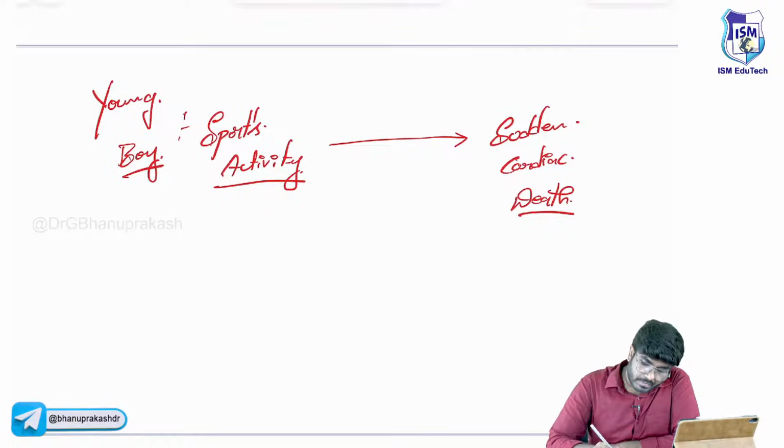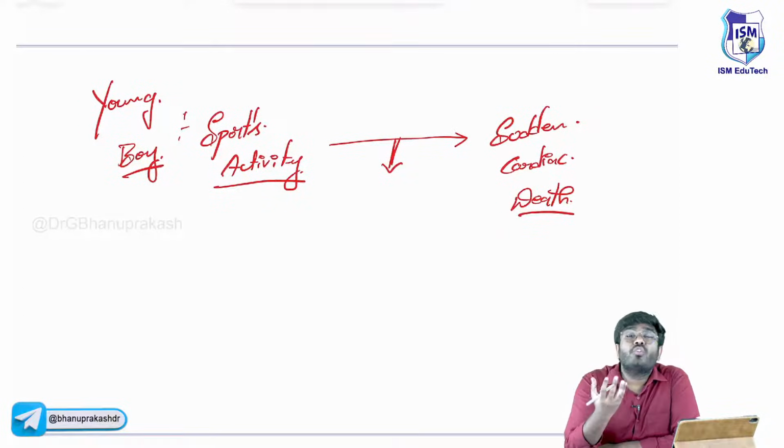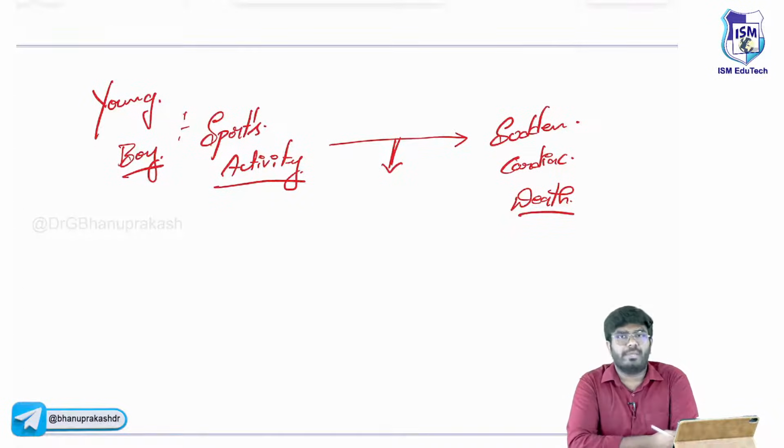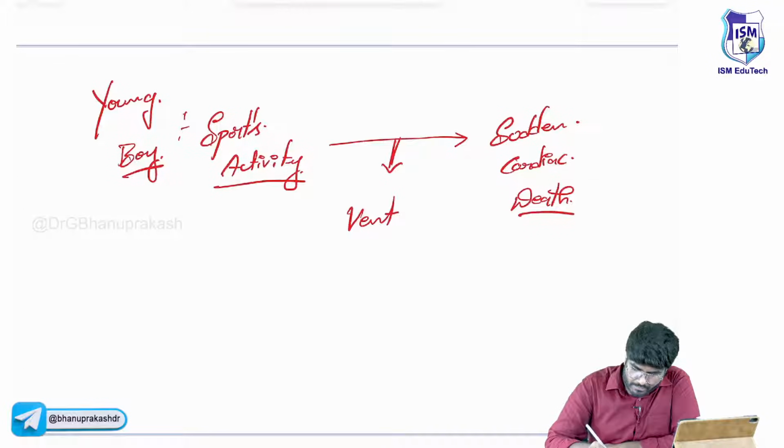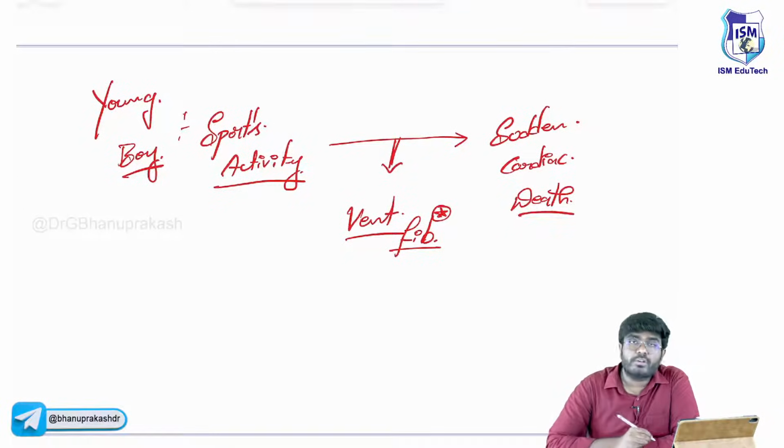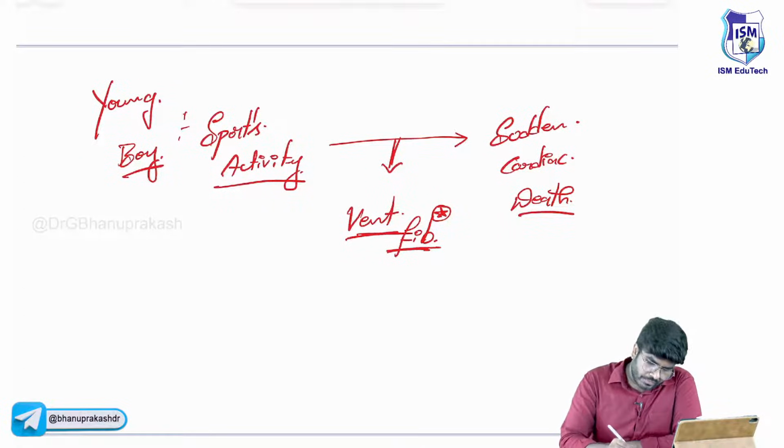What might be the reason? See, such a hypertrophic myocardium is more prone to develop arrhythmias. Which arrhythmias? Mainly ventricular fibrillation. So ventricular fibrillations are going to develop. The ventricle is fibrillating, there will be crashing of the BP that can actually kill the patient. So sports activity, young boy, following that there is sudden cardiac death because of arrhythmias.